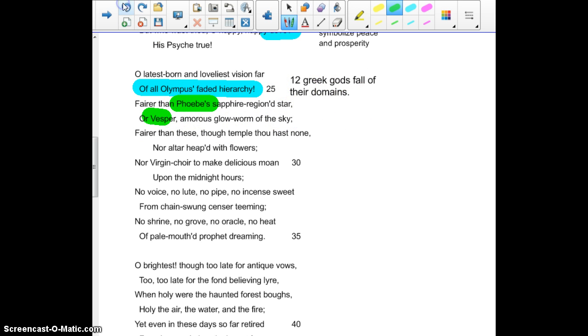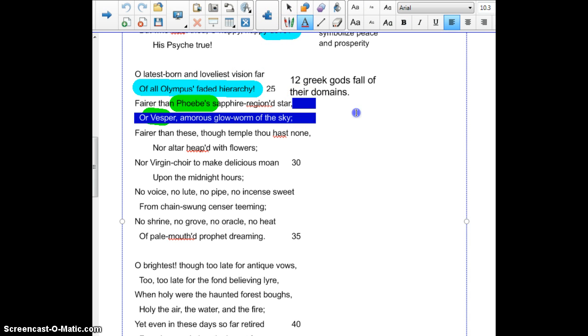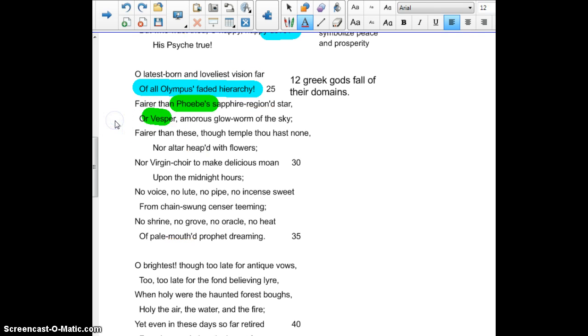A quick Google search tells me that Phoebe is Selene, another name for the goddess of the moon, and that Vesper over here is the evening star.